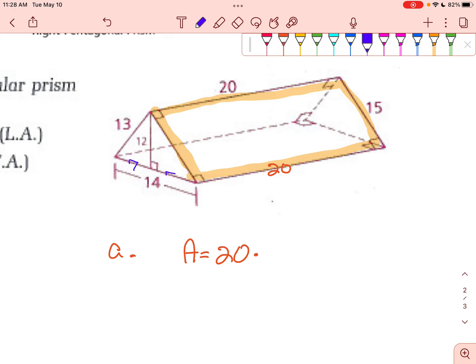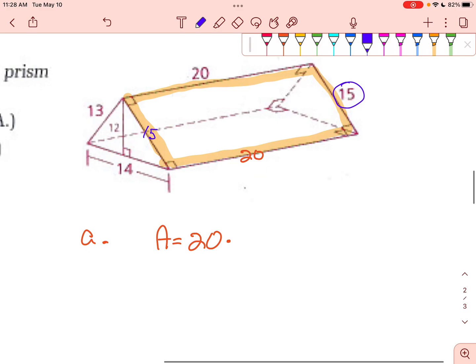So obviously I'm going to break this up into 7 and 7. I can see the altitude there. I can prove those triangles are congruent to each other. Oh, they are giving it to me. This is 15 right here. Bam. Okay. And so no, it's not 7 and 7. I'm losing my mind because that's 15. Therefore, this is 15.